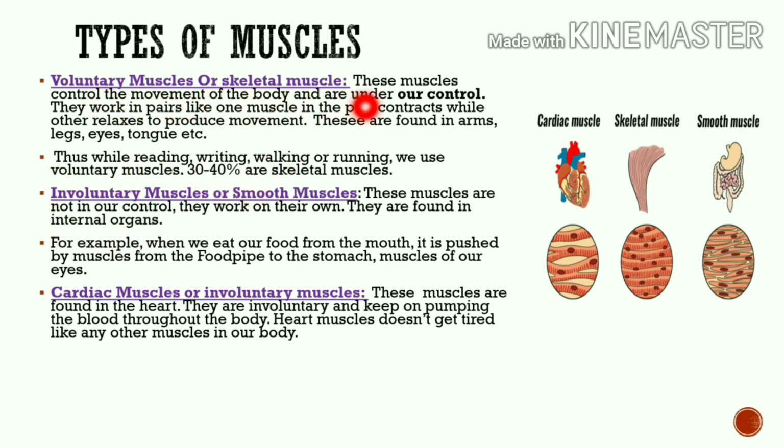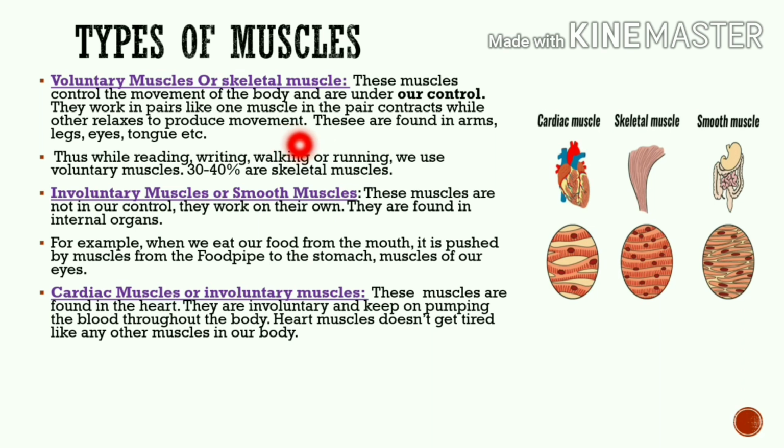Skeletal muscles control the movement of the body and are under our control. This one is the skeletal muscle. They work in pairs, where one muscle in the pair contracts while the other relaxes to produce the movement.